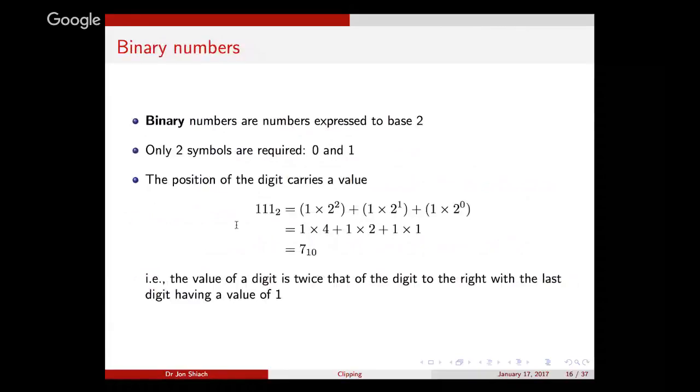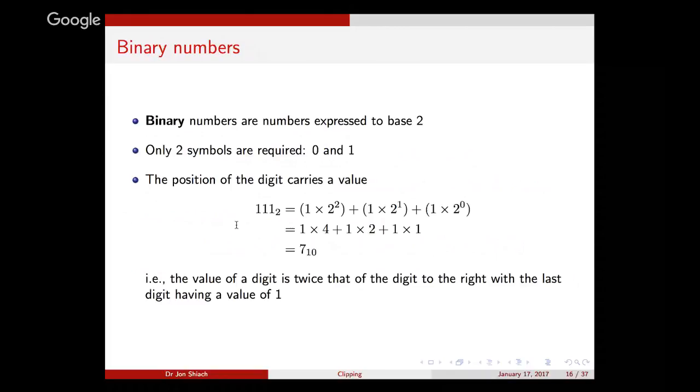What about binary? Now, binary is base 2. So we only have 2 digits. We only have 2 symbols. We use 0 and 1. And the position of the digit carries the value much the same way as it does in base 10. For example, the binary number 111 means, if you start on the right, 1 times 2, which is the base, to the power 0. 1 times 2 to the power 1. 1 times 2 to the power 2.